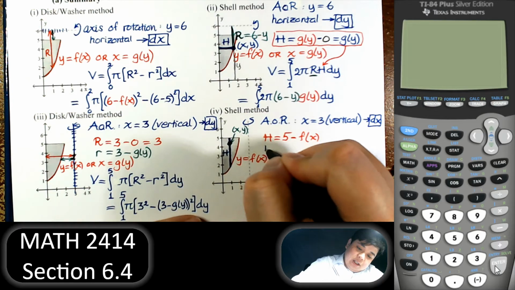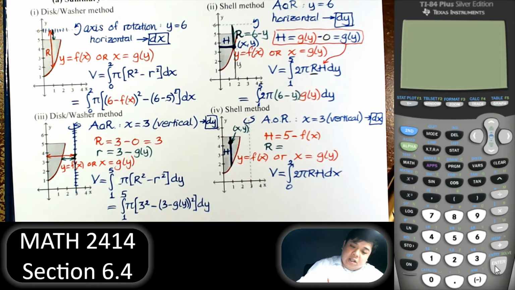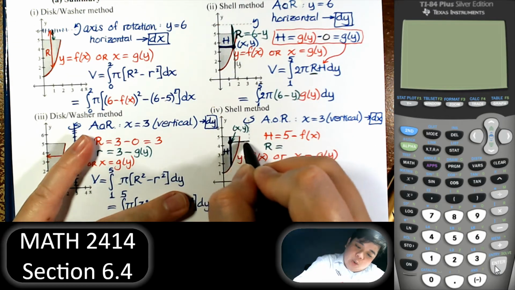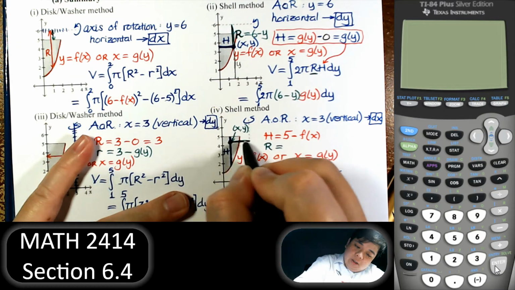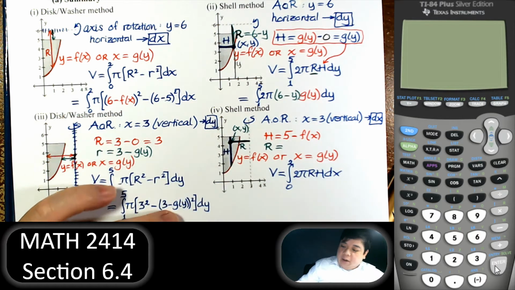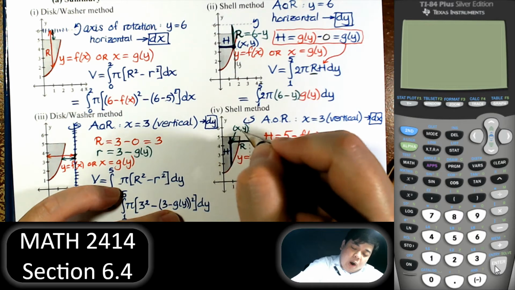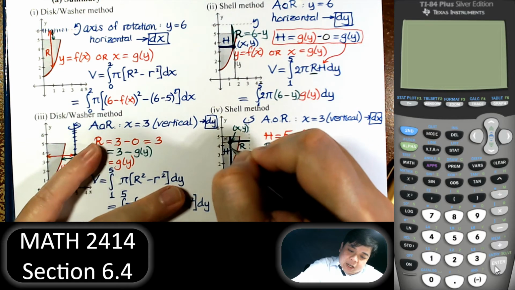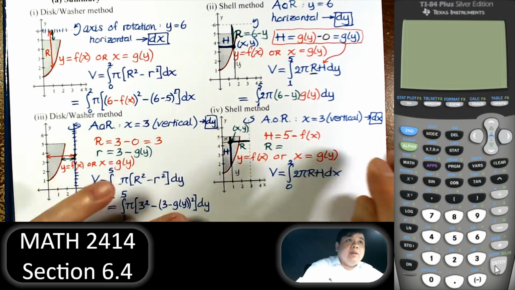Now the radius. The radius is from the axis of rotation to that point. Now we call this point x and y coordinates. So this is going to be x and that one is going to be y, right?